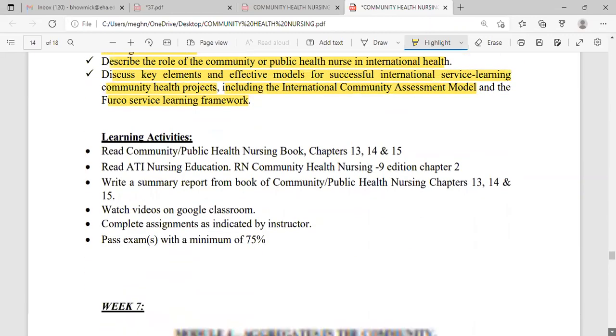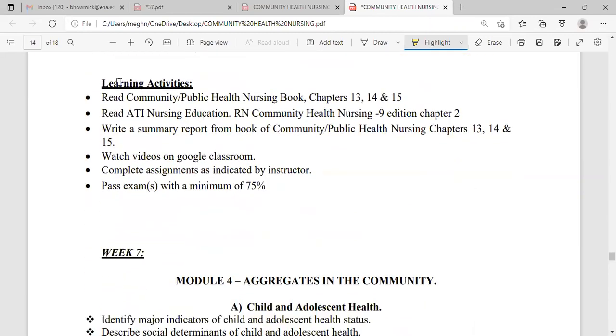What next? The learning activities: read the Community and Public Health book, chapters 13, 14, 15. Or you can read ATI Nursing Education, RN Community Health 9th edition, chapter 2, and also write a summary report from the book Community and Public Health Nursing, chapters 13, 14, 15.